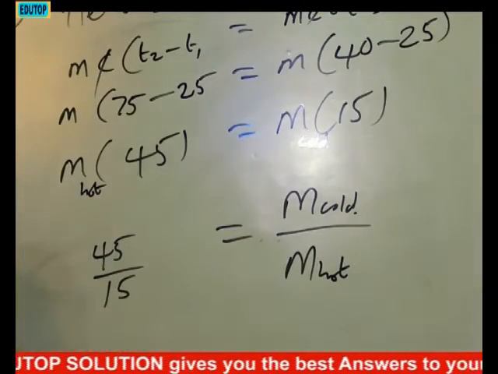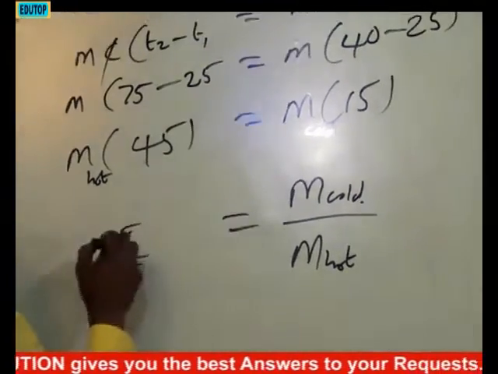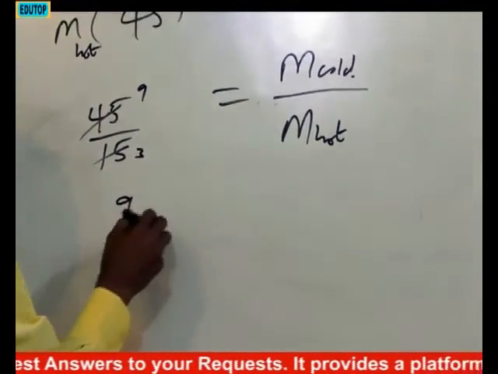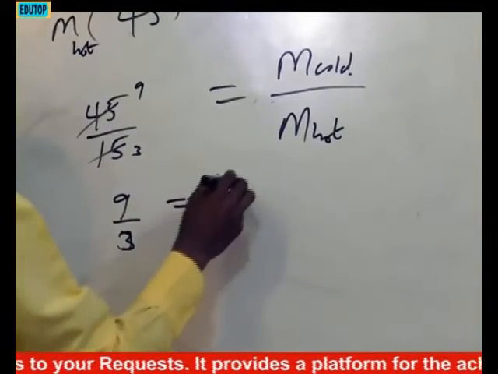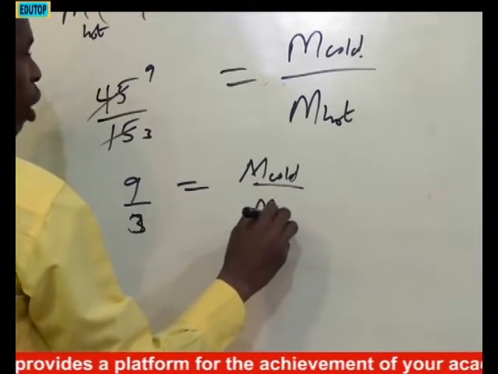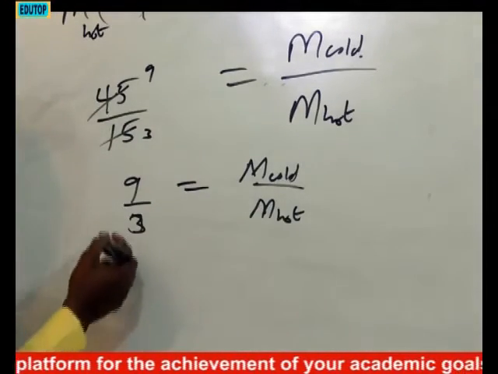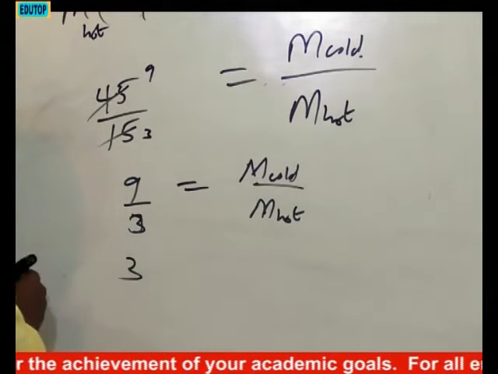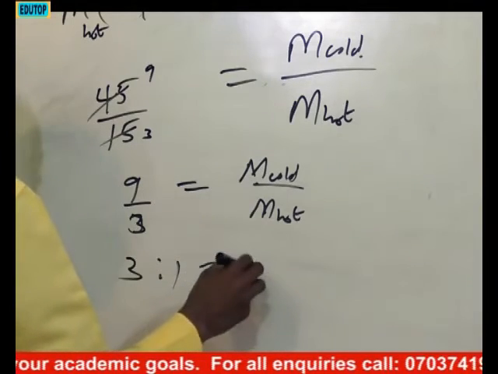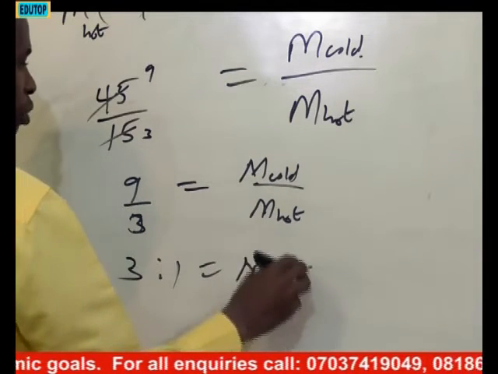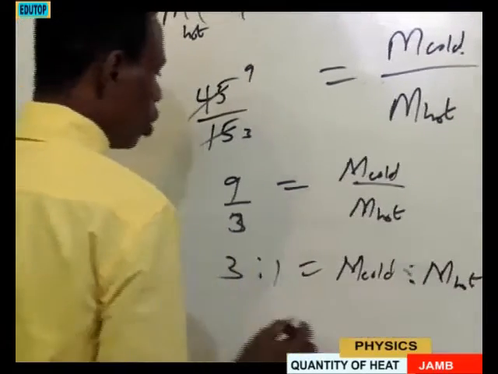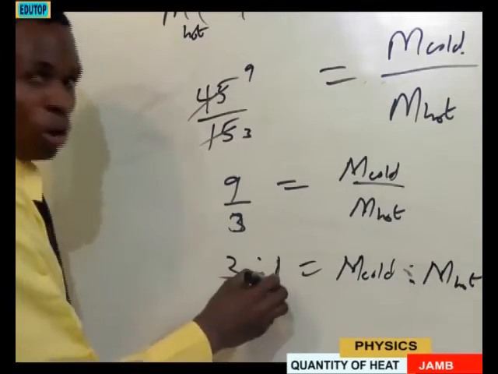If you break this down, 45 divided by 15 is 3, so 3 ratio 1 will be equal to mass of cold ratio mass of hot. So the ratio is 3 ratio 1.